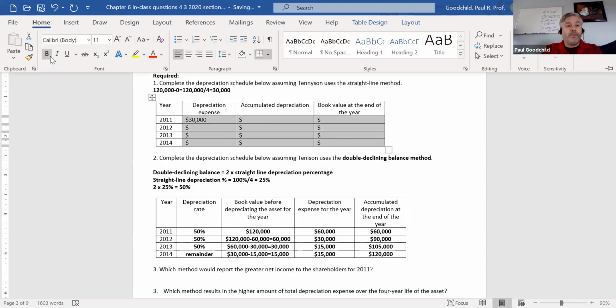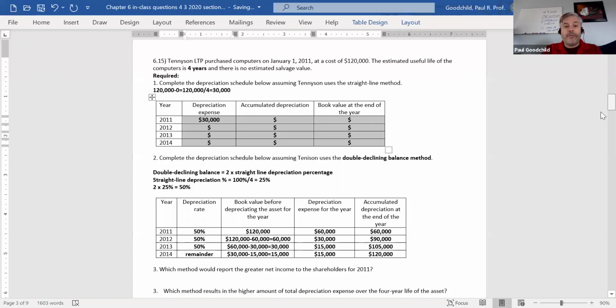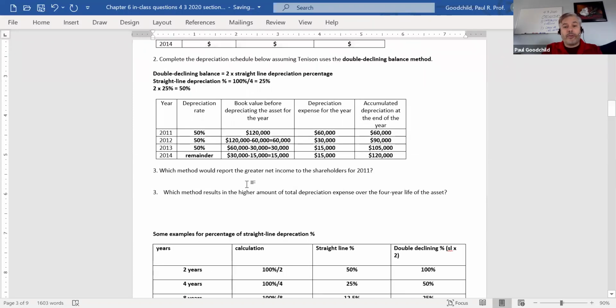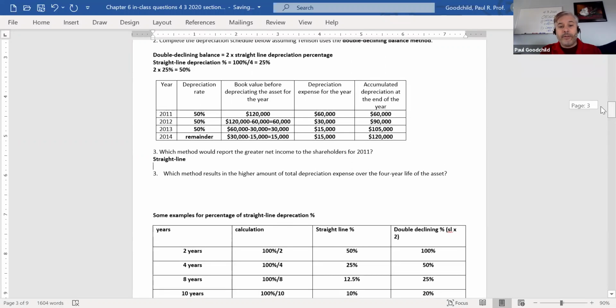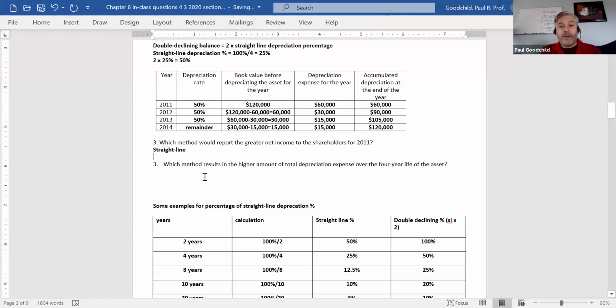And so we know that straight line would provide us with greater net income. And that's probably the reason for why straight line exists. Not only is it simple, but it also gives a higher net income. Now, over the life, which method results in a higher amount of total depreciation?